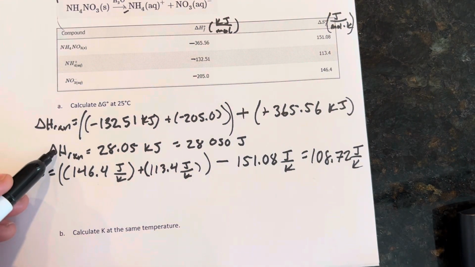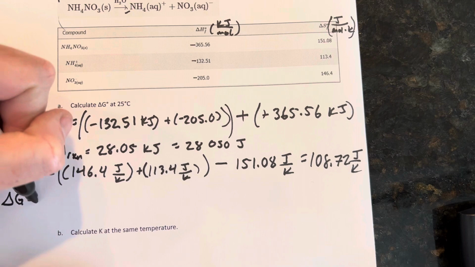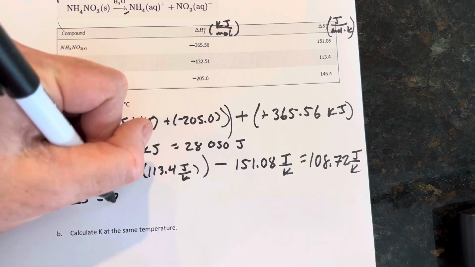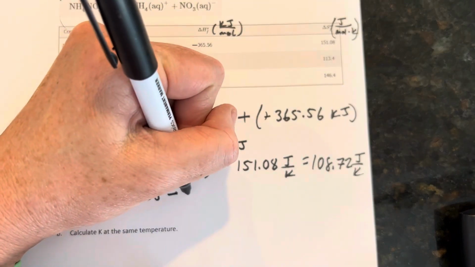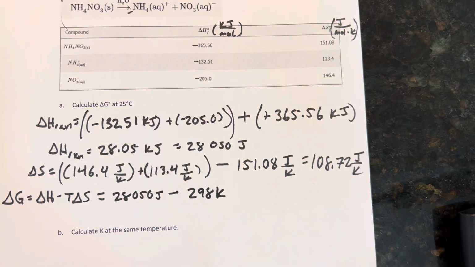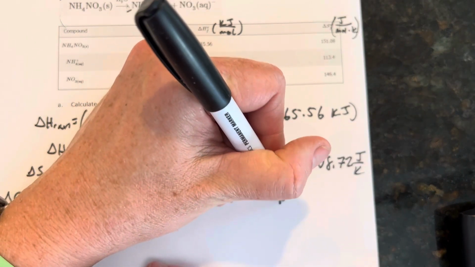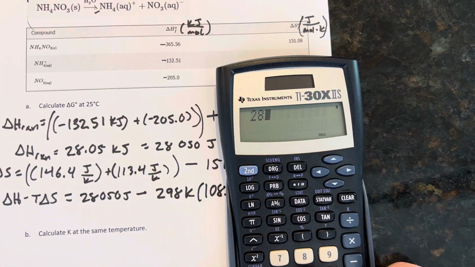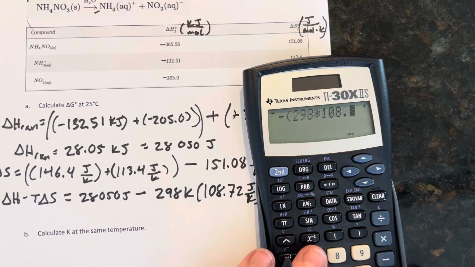All right, so we have our delta H, we have our delta S. Now we can throw them together into our delta G formula. Our delta H again is 28050 joules minus 298 Kelvin times 108.72 joules per K. So 28050 minus 298 times 108.72.